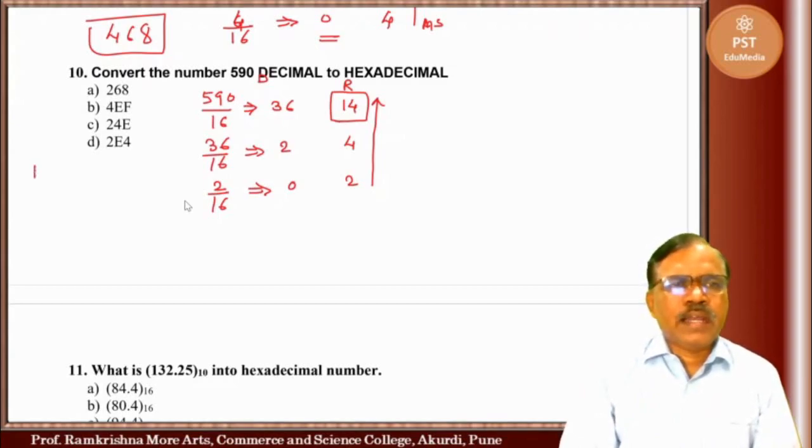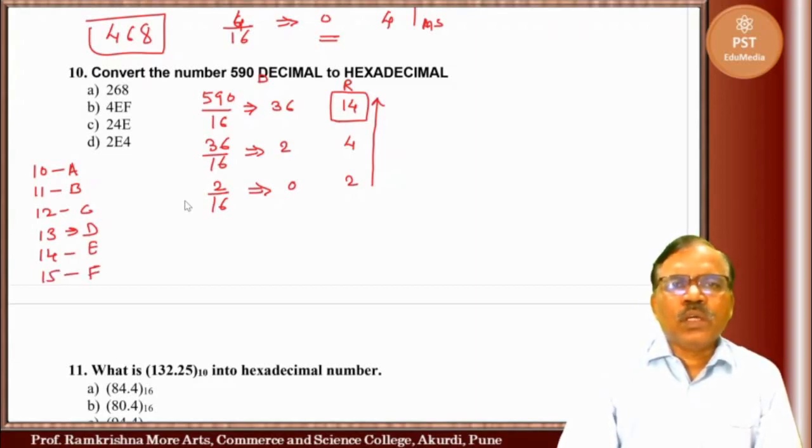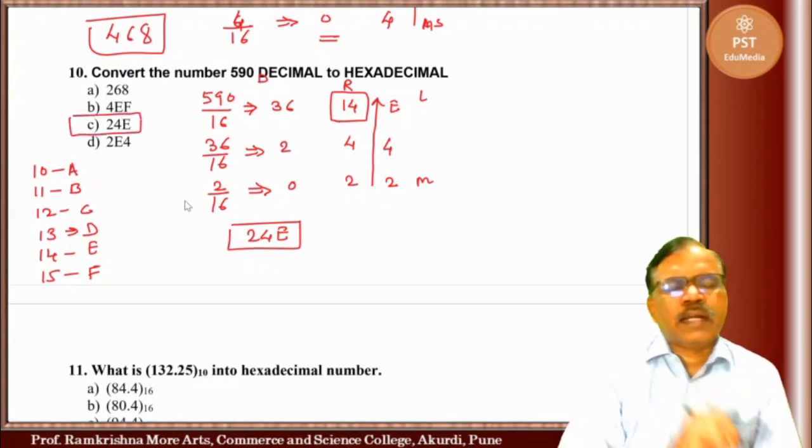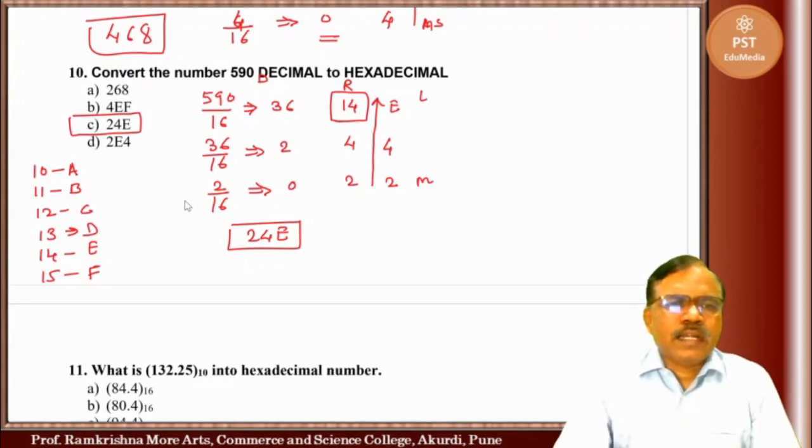We know that for 10 we have letter A, for 11 letter B, for 12 letter C, for 13 letter D, for 14 letter E, and for 15 letter F. So we write this as 2, 4, E. This is the least significant and this is the most significant, so the number is 24E. So 24E is the correct answer.